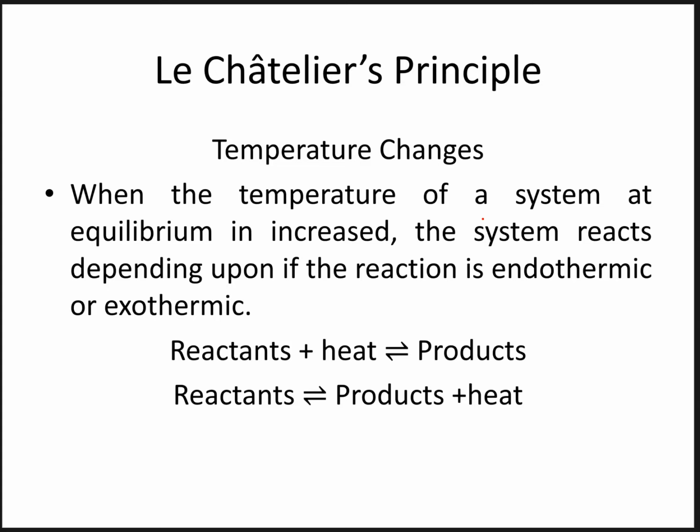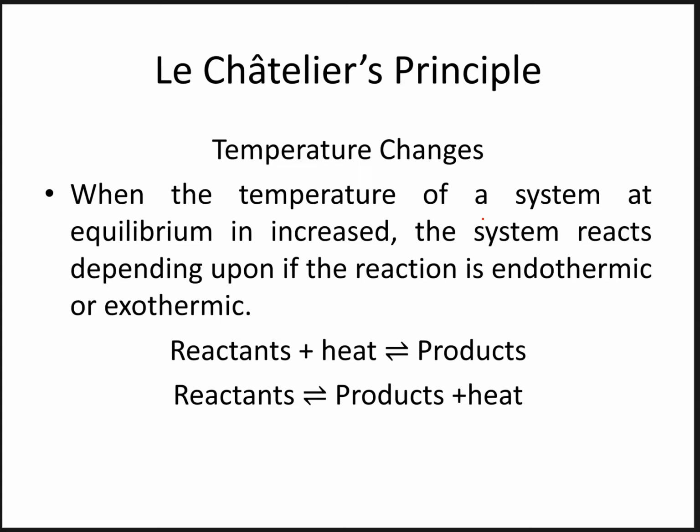So if you see a positive delta H, just go ahead and write plus heat on the reactant side. It makes it a lot easier to see how temperature changes will affect it. On the other hand, if it's exothermic, delta H is negative, and so heat is a product. And so this is how you can track the effect of increasing or decreasing the temperature on a reaction and what it does to the equilibrium.